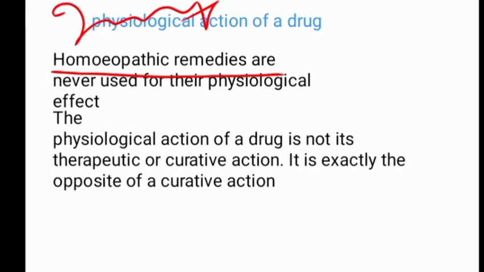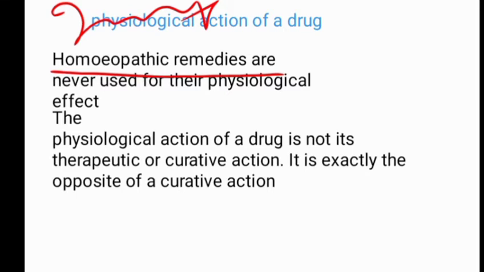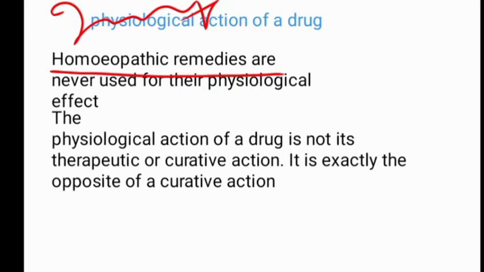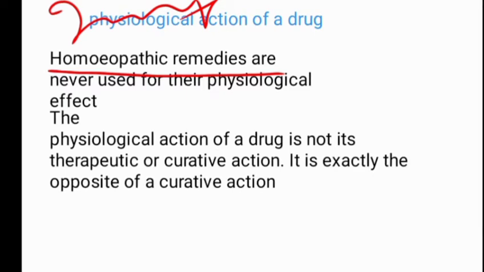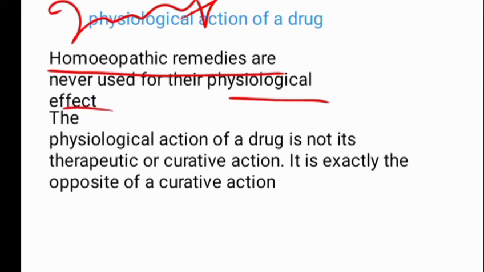After choosing a remedy, we give doses according to homeopathy principle and posology factors. But first, we select a remedy according to the Organon of Medicine and our Materia Medica. So a homeopathy remedy is always important, in that it is not used for the physiological effect of a drug.